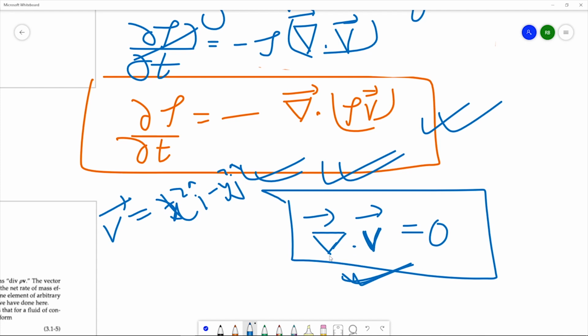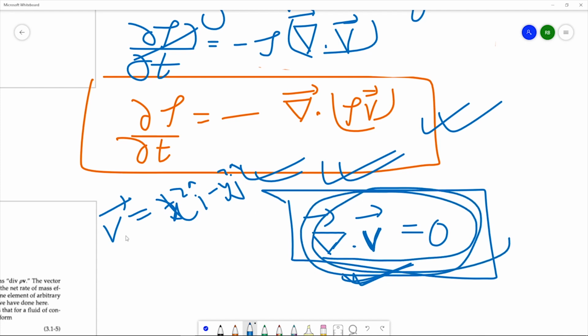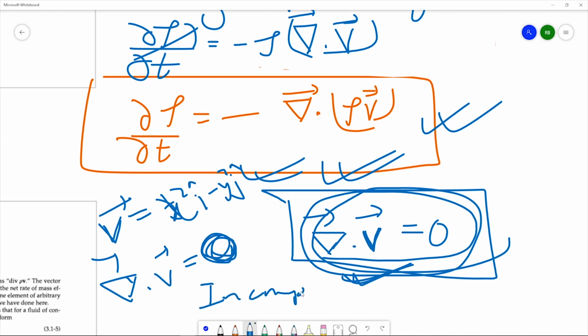Then you have to show that the divergence of the velocity vector is zero. The velocity vector will be given, just take the divergence. If after doing the math you get zero, that means the fluid is incompressible, or the density is constant. So thank you. In the next class, we will study the equation of motion.